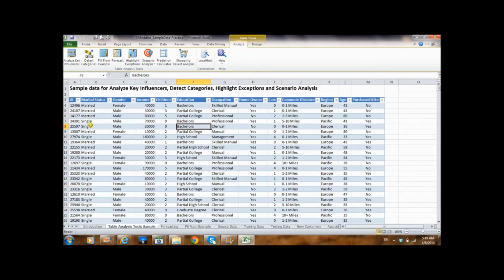Since this one has all the demographic data of 1,000 customers, we can do all kinds of analysis. How about this? This one has data of occupation. We want to know what the major factors are determining or predicting the types of occupation of your customer. What factors actually influence what types of occupation?